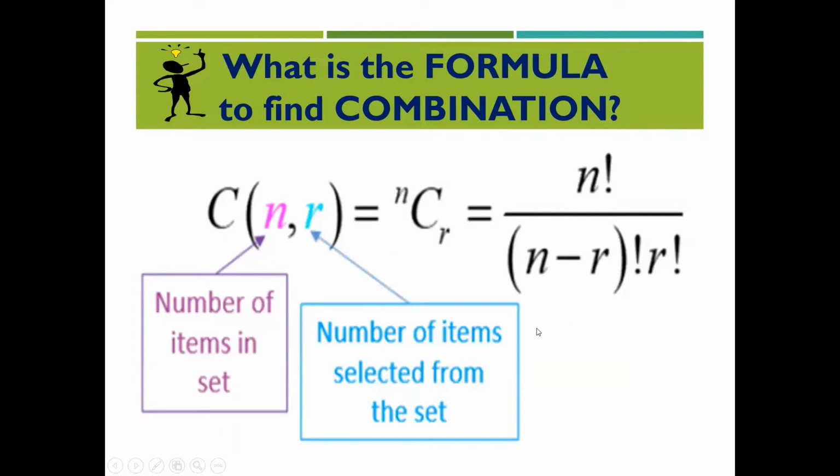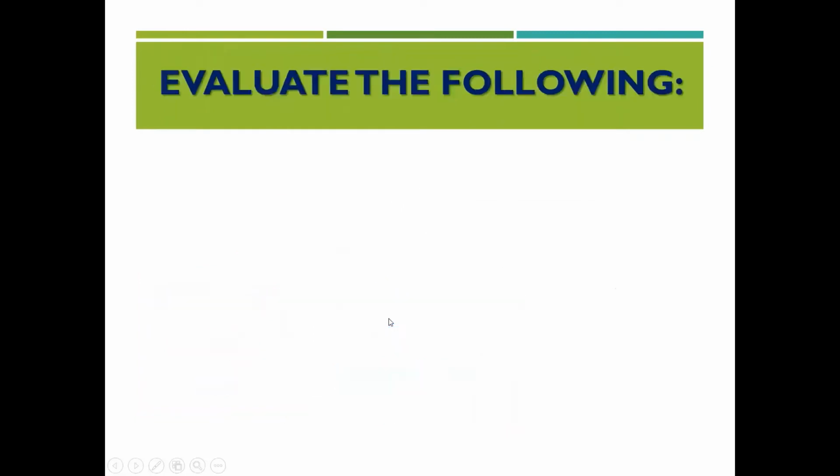So again, n is the total number of items, and r is the number of items selected from the set, or the desired number of items that you want to choose or select. It can be a number of items, people, or anything that can be counted.